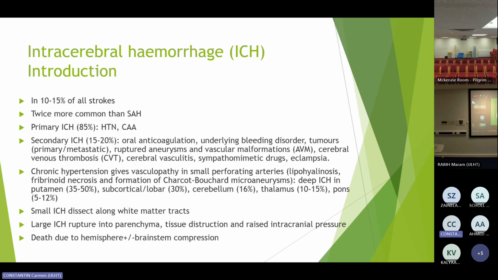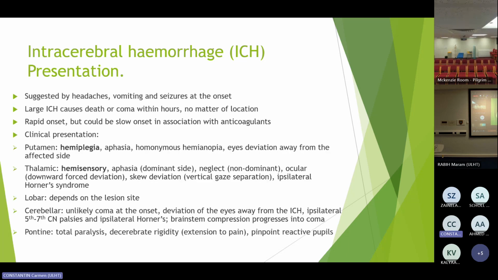And unfortunately, they could cause death due to hemisphere or brainstem compression. So this is when the large hemorrhages are causing contralateral hemisphere compression with midline shift, and unfortunately, this is when the inevitable happens, with all the best care on the ward.